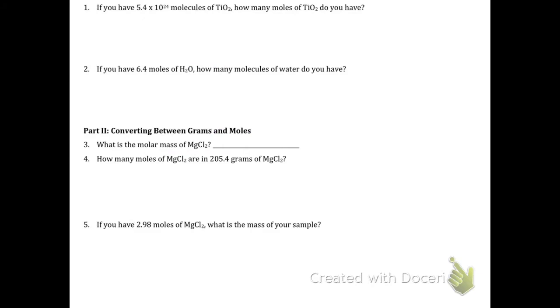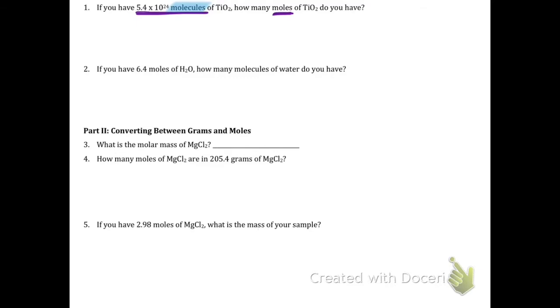When you have this number, so if you have 5.4 times 10 to the 24 molecules, molecules is the same color as atoms, because atoms went with elements and molecules go with compounds, but they're still blue colored, okay? Then it asks for how many moles, right?